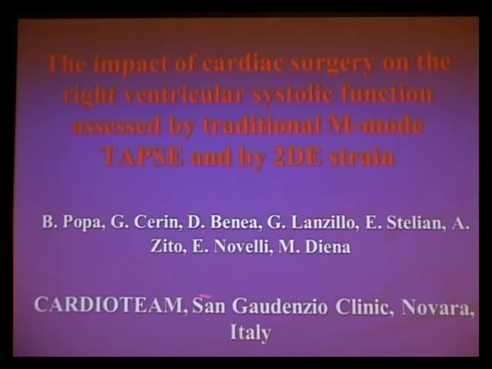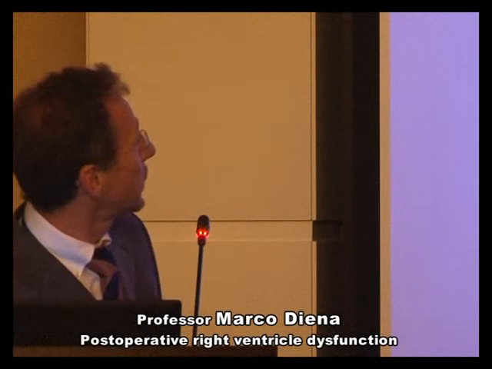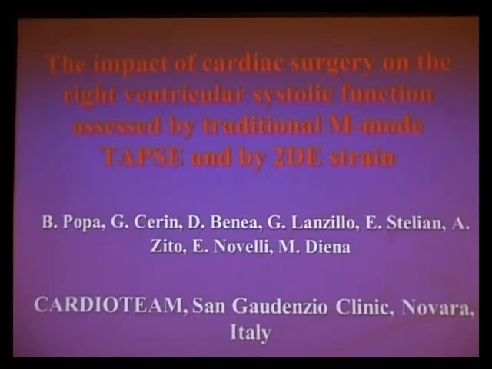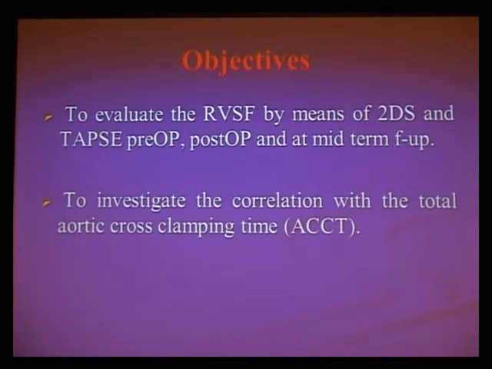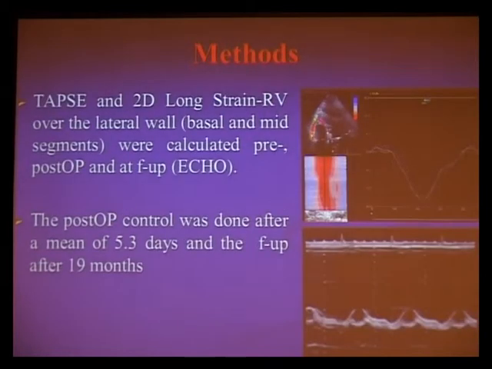This is the study that has been performed in our hospital, as shown by Dr. Cherin. And you notice that 4 of those people are from Romania, and I'm very happy that they've done this study. The objective was to assess right ventricular function with TAPSE and with 2D strain measurement. I don't go into details, but it's very important that we took patients without previous right ventricular dysfunction.